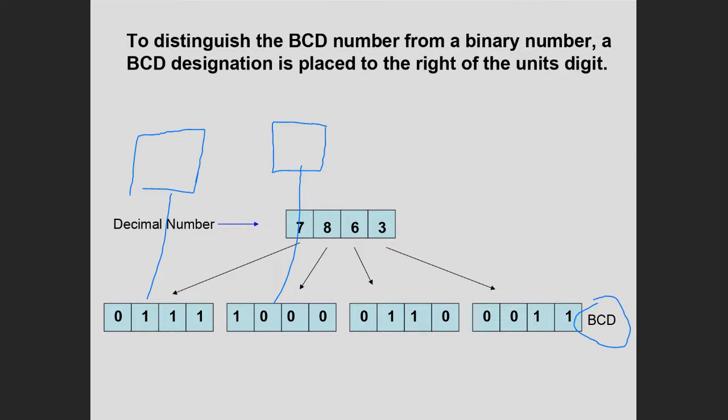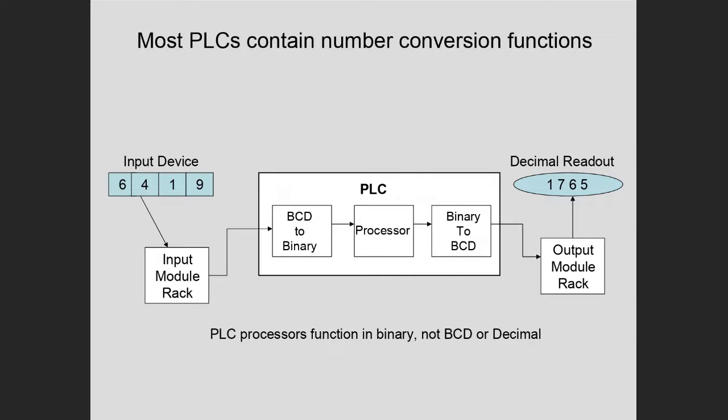Okay, so if I want to use this in some kind of system, here's an example of a system where you might use BCD. Notice over here on the left, we have this input device called a thumb wheel. A thumb wheel works kind of like those padlocks with the wheel on it.